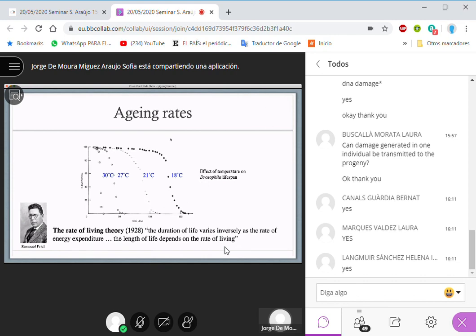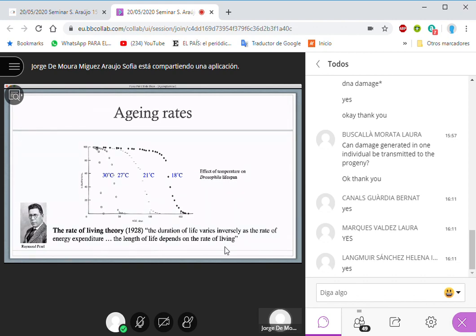So what Raymond Pearl observed is that if you put flies at 18 degrees, they would have a maximum lifespan of beyond 150 days, whereas if you had them at about 27 degrees, they would have about a third of what you have at 18 degrees. And so he formulated this theory, which was called the rate of living theory.